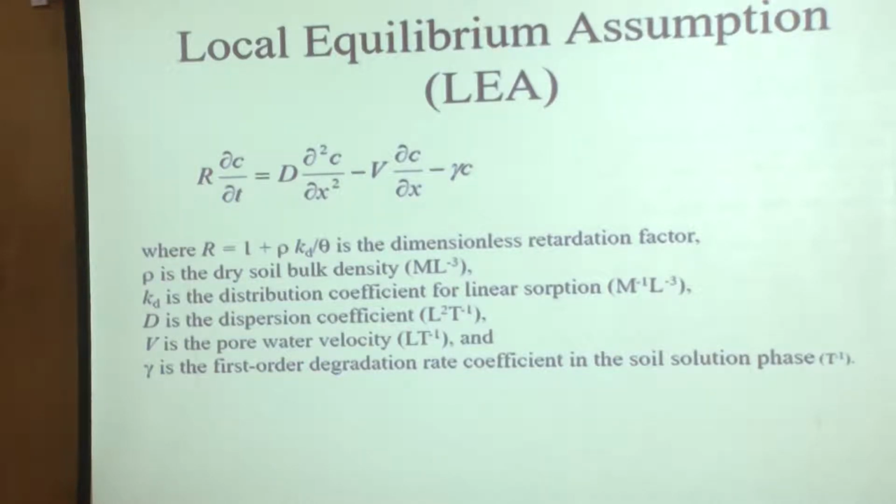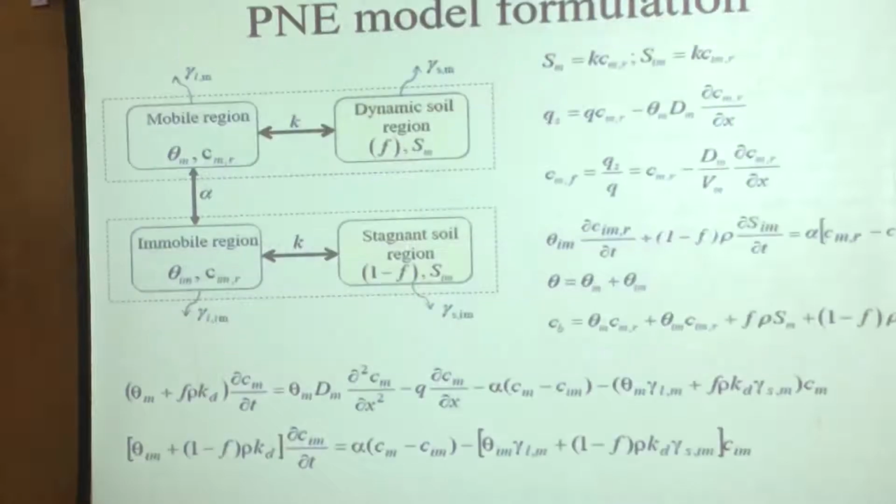Even that kind of information we are able to get from moments. So the local equilibrium assumption essentially says, if I were to use this equation, that would be my local equilibrium assumption equation. Our more general equation would have perhaps many other things.